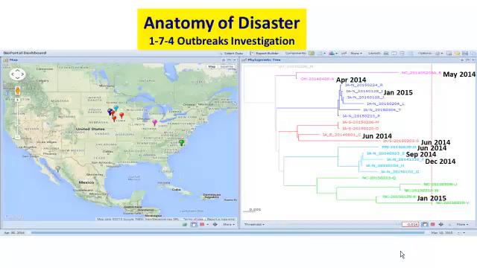This distance here is 1 base per 1,000, so about double that length is 1 base change. So again, very few changes, but large geographical distribution.